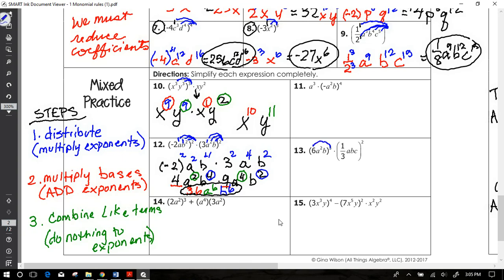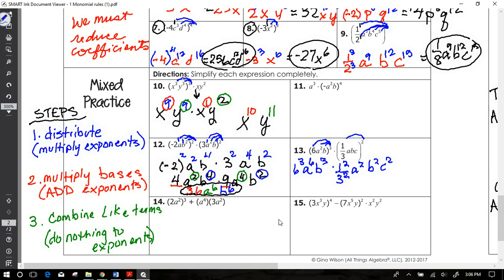So that'll be distributed: 3 times 6 cubed a to the 6th power, and I forgot what that b was, b to the 1st power. So 1 times 3 is 3. Okay, now I'm going to do that again. Distribute to there, so I have 1 squared over 3 squared, a squared, b squared, c squared.